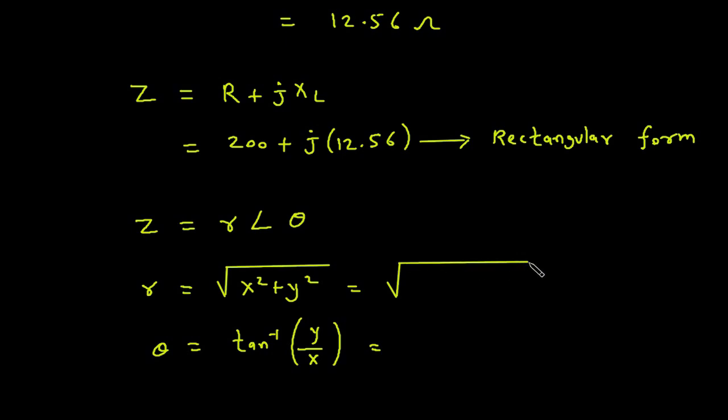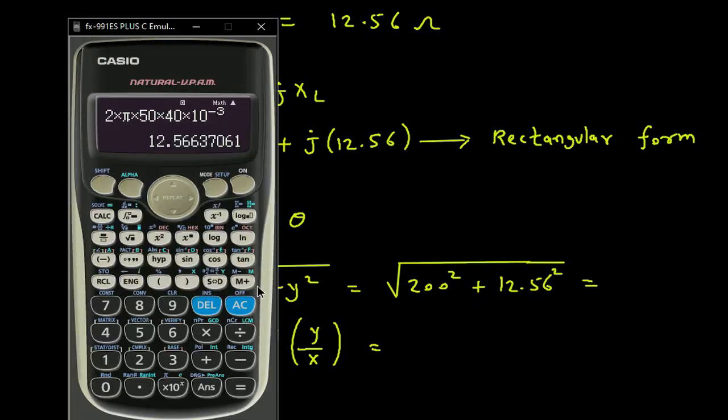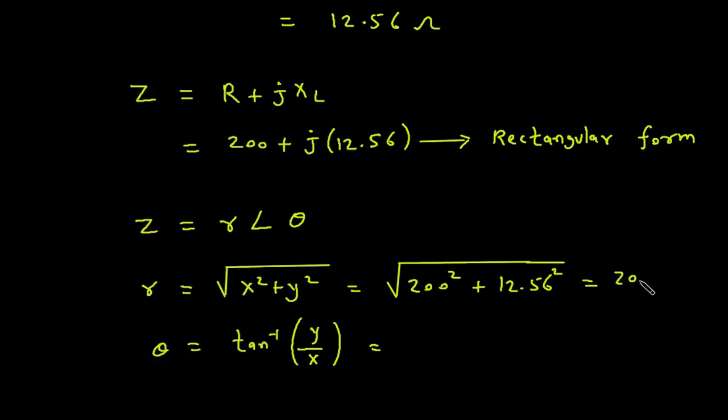So this will be under root of 200 square plus 12.56 square. So this will be 200.39.